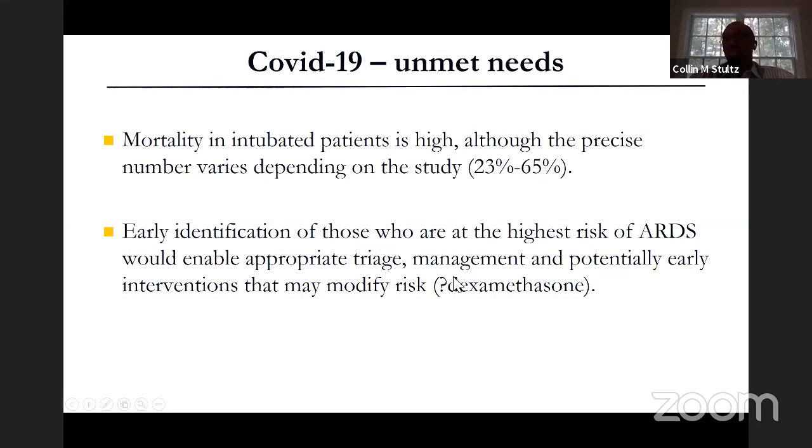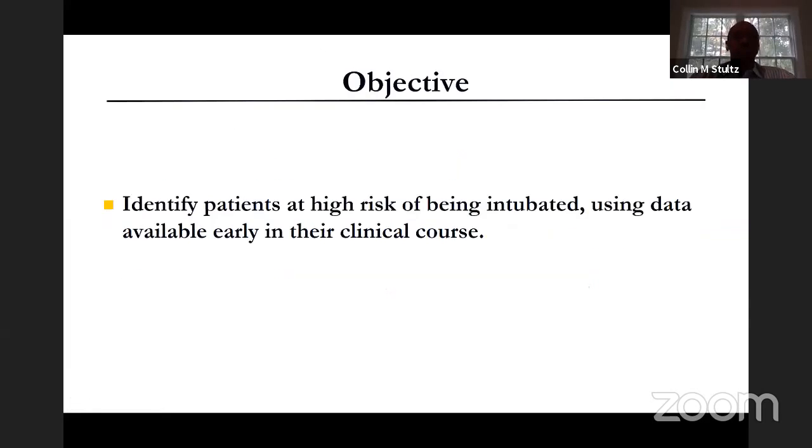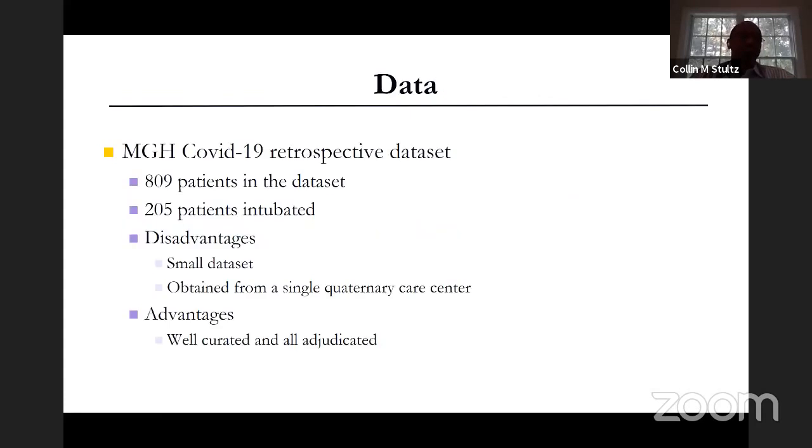There's a question about whether these interventions, if administered early in high-risk patients, would improve their outcomes. So our objective was to identify patients at high risk of being intubated using data that are easily available early in their clinical course. So what data sets do we have to bring to bear?